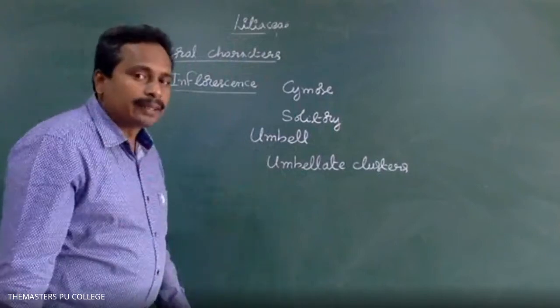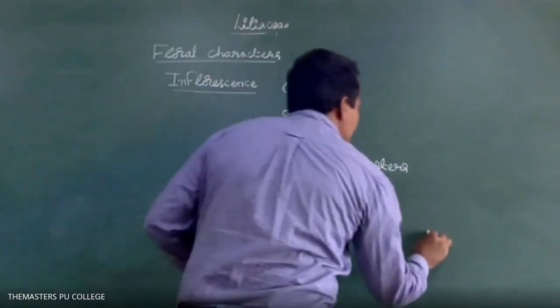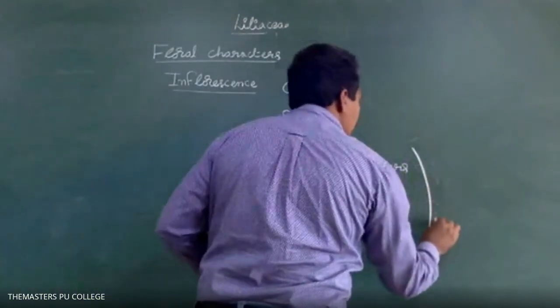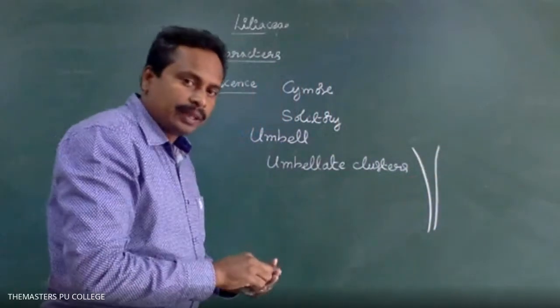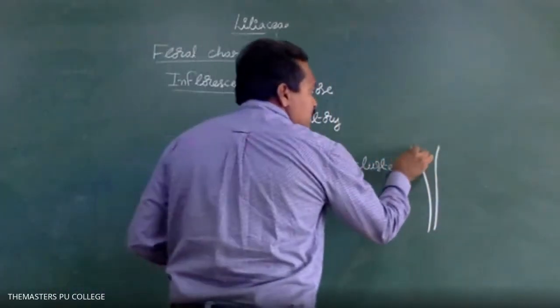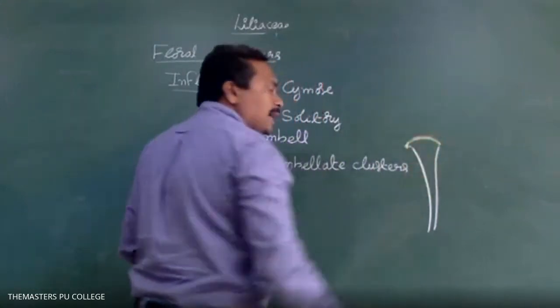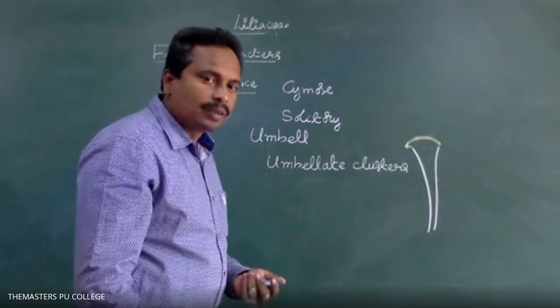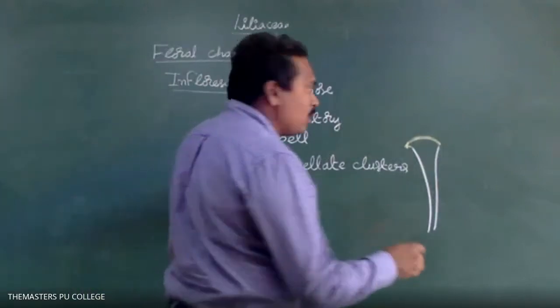In umbellate type of inflorescence, this is the terminal region of the floral axis. Several flowers are present.